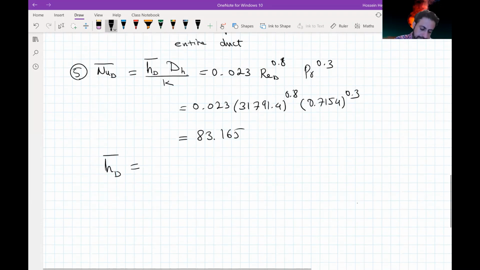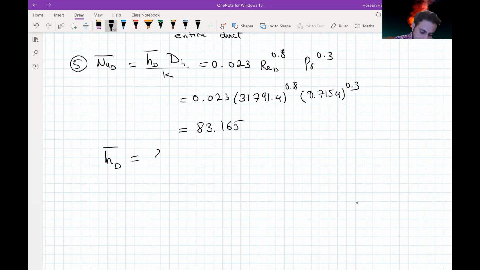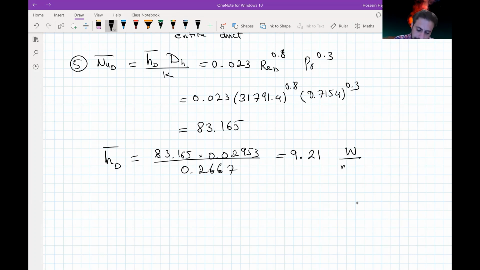So h is 83.165 times the conductivity 0.02953 divided by the hydraulic diameter 0.2667, which is 9.2 watt per meter squared Kelvin.